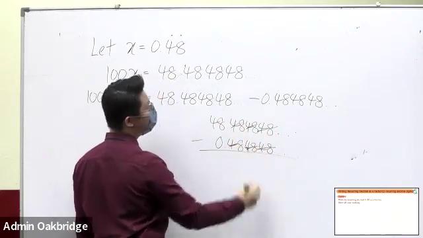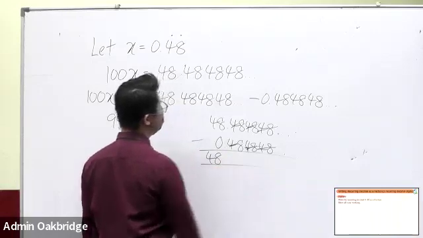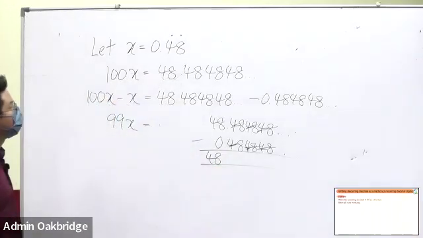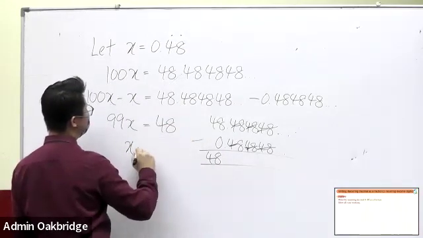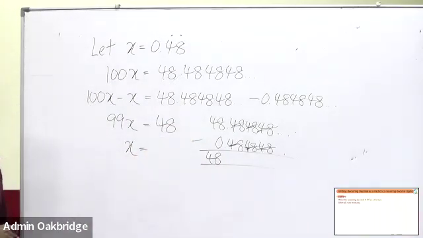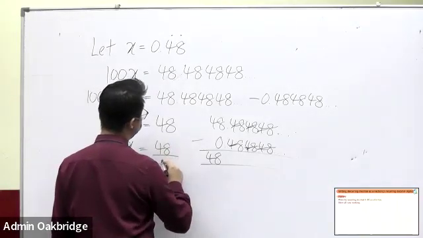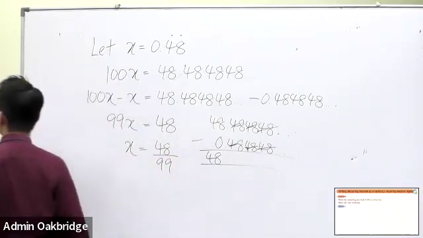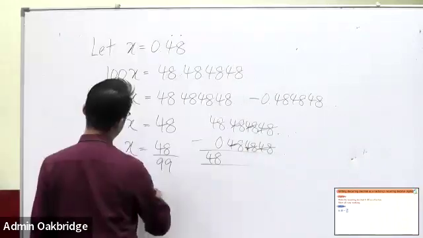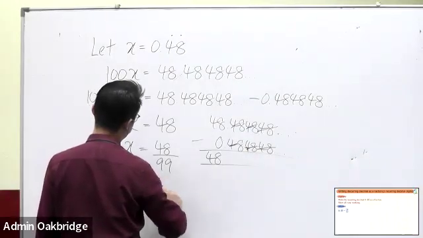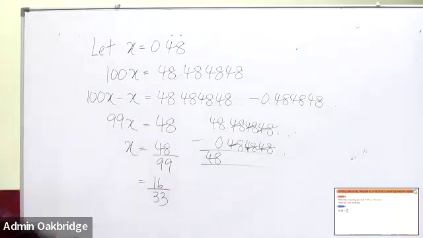Now what's left is 48. Now you can solve for x. So it's 48 over 99, and simplify to 16 over 33. Okay, it's the same thing.